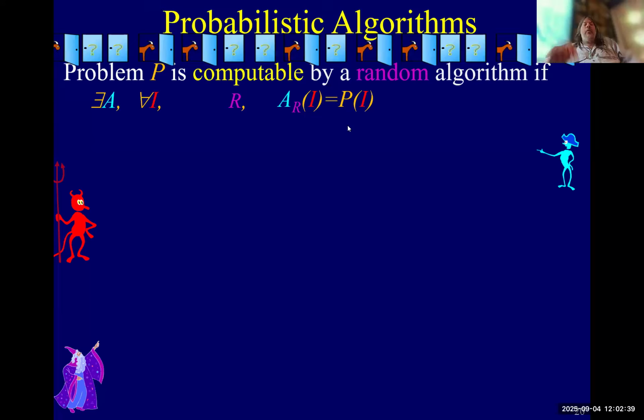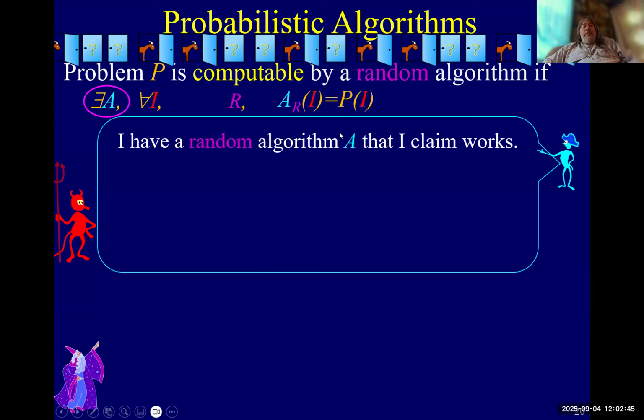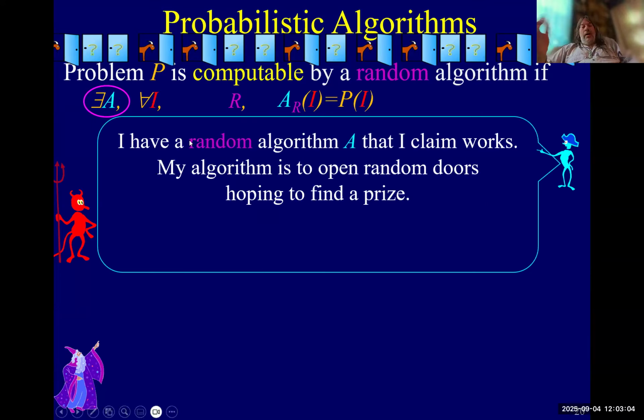All right, so now we're going to do the game slightly differently. The algorithm guy is going to choose an algorithm that flips coins, and the adversary is going to know the code of this algorithm, but will not know the coin flips. So what will my algorithm be?